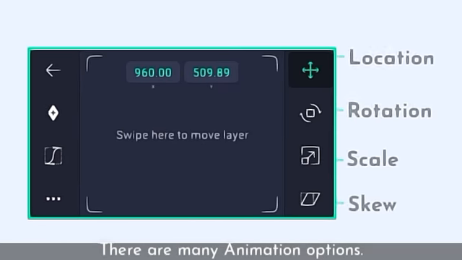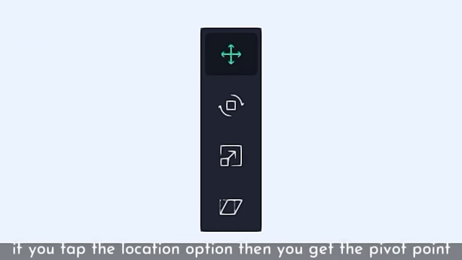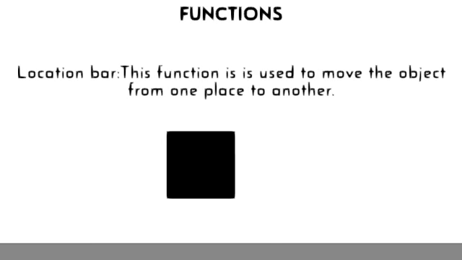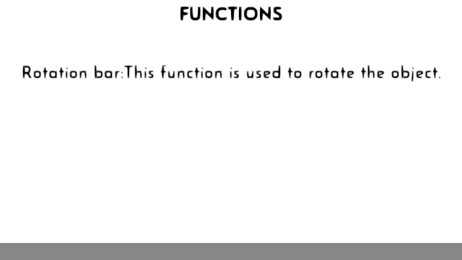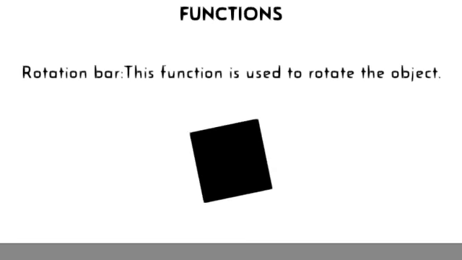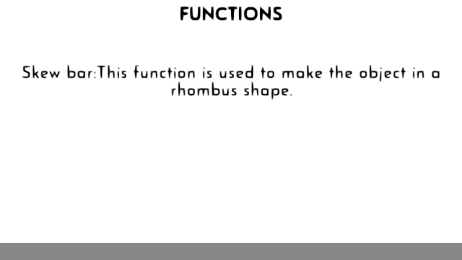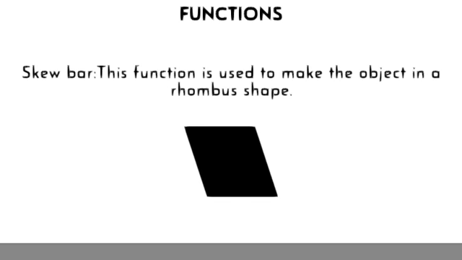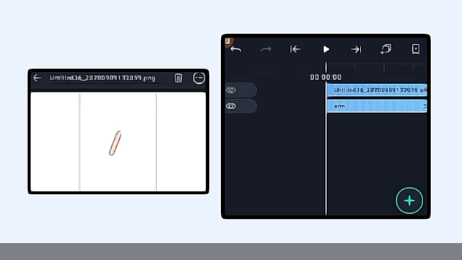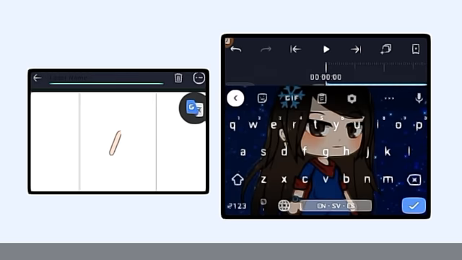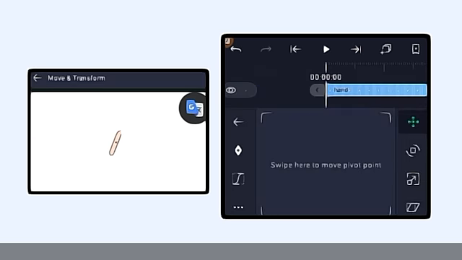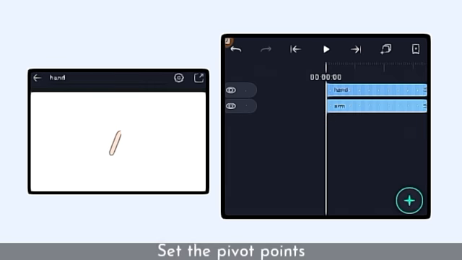There are many animation options. If you tap the location bar, then you get the pivot point. Set the pivot point.